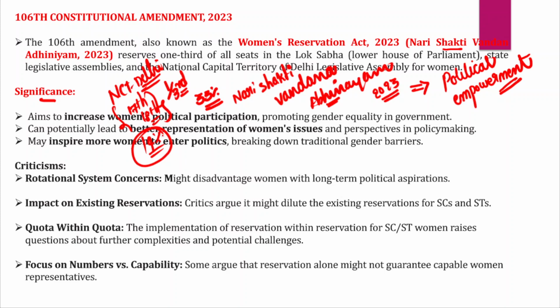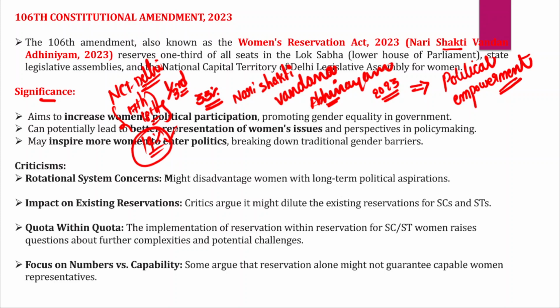So it is significantly less than most of the developing countries in the world, and even the underdeveloped countries. Therefore, a need has been felt in a patriarchal society that women's representation in the Parliament and state legislative assemblies must be enhanced through a legislative measure.